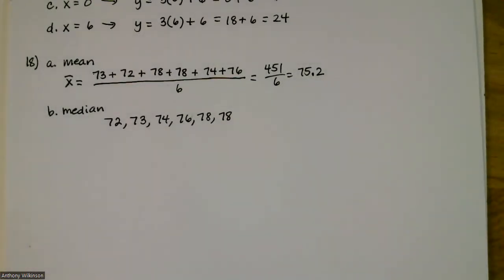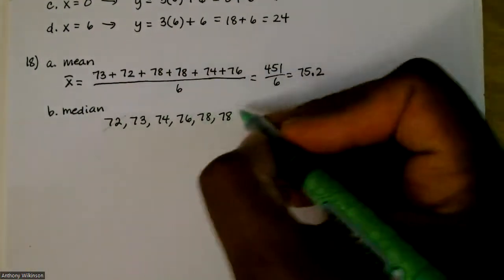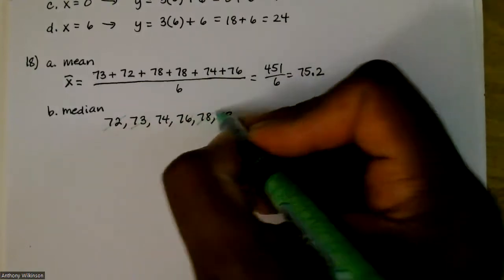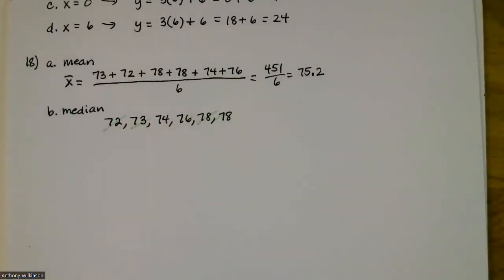All right, so the middle number, we can find that by crossing out the numbers on the ends on the left and on the right. So if I do that, notice I got 2 middle numbers, 74 and 76. So when you have 2 middle numbers like this, you have to take the average of the 2 middle numbers.